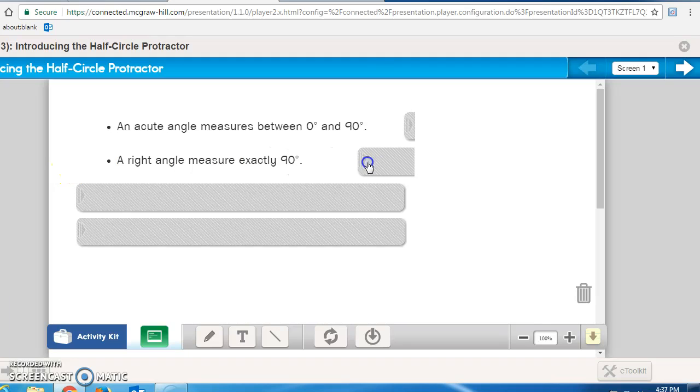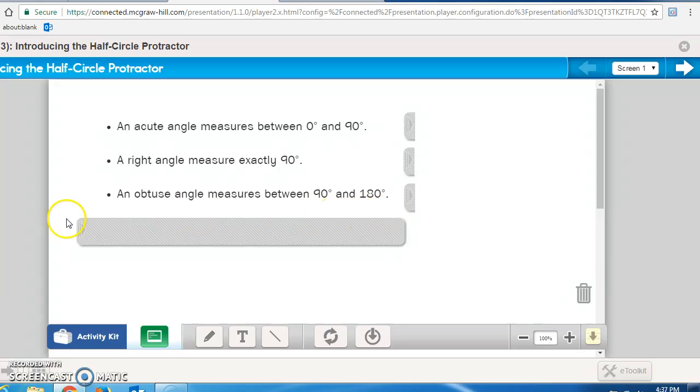You also should know that a right angle measures exactly 90 degrees. What type of angle measures between 90 degrees and 180 degrees? Here again, you should realize that an obtuse angle measures between 90 degrees and 180 degrees.